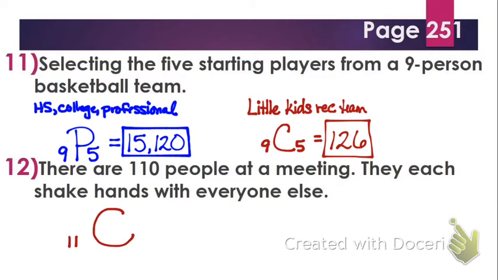We have 110 people in the room, but for each handshake that takes place, how many people are involved in that handshake? Just two at a time. And every time a handshake happens, how many people are involved in that handshake?